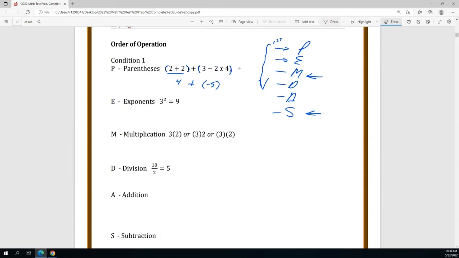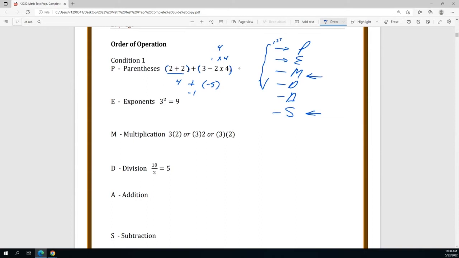If you did 3 minus 2 and got 1, and then 1 times 4 to get 4, then you would have 4 plus 4, which would be incorrect. This problem is not 4 plus 4. This problem is 4 plus negative 5, which gives you a negative 1 answer.